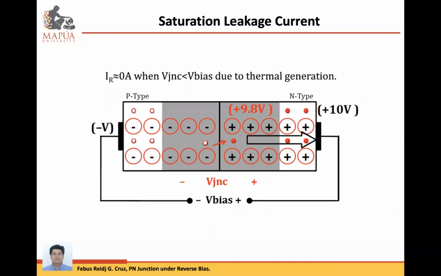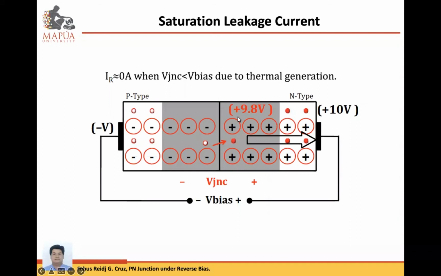All right? So one example wherein we need leakage current would be, let's say, if we use the PN junction as a temperature sensor. So meron tayong mga thermal semiconductor sensor. The mechanism of those thermal sensors is the reverse bias leakage current.